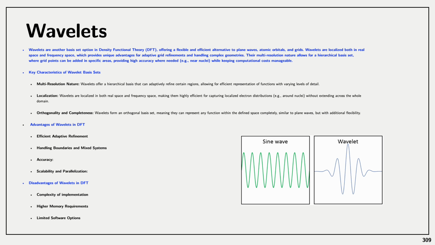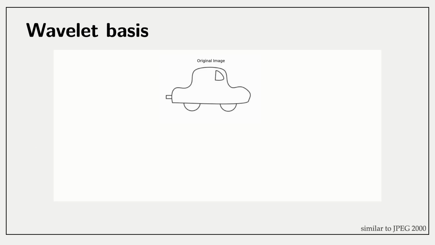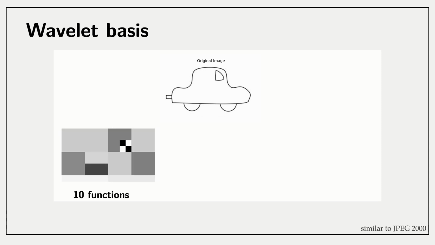I didn't list them on this slide, but the codes that you could use are MADNESS and BigDFT. These are two examples. We can go back to this little car, since I wrote this script as well to show you how it works. If you use a very tiny number of wavelets, just for pedagogical purposes, this is what you will get.